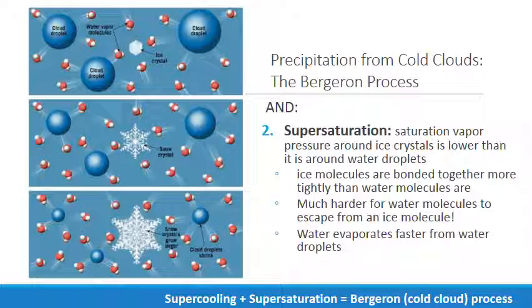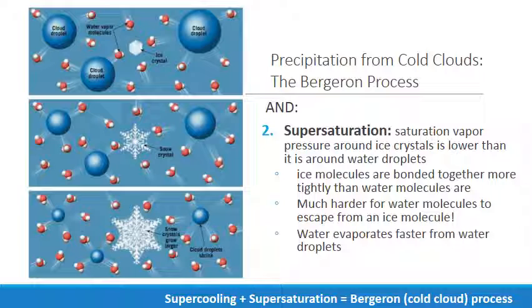So that's just because we have lower saturation vapor pressures around solid water than we do around liquid water, because the ice crystals are solid, so individual ice molecules are held together more tightly than they would be in a liquid droplet.